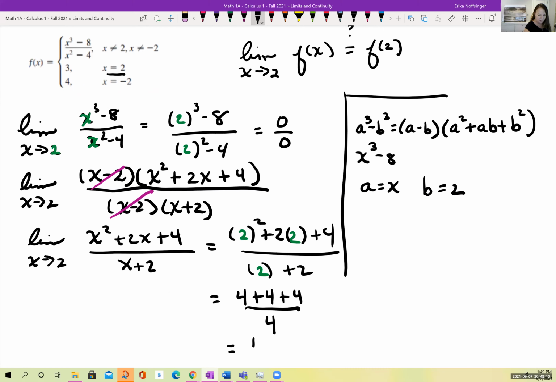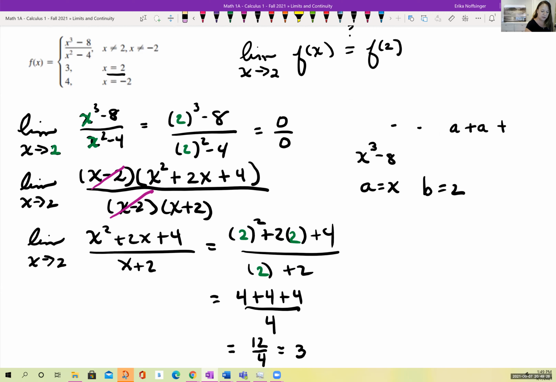So that gives me 12 fourths, or 3. So we just found that that limit as x approaches 2 is equal to 3.